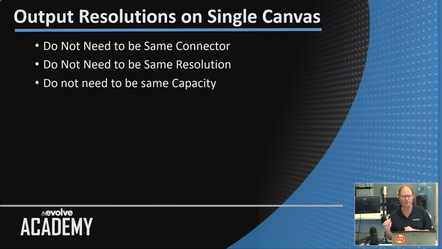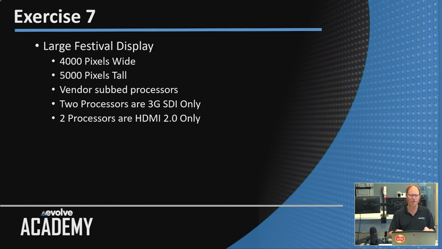Now, whether or not it's going to work on the LED side is a question. So here's what we're doing. Got a large festival display. It's 4,000 pixels wide and 5,000 pixels tall. And your LED vendor subbed the processors. You were going to get 3 exactly identical processors, and they sent 4, 2 of Model A and 2 of Model B. So 2 of the processors are 3G SDI only, and 2 of the processors are 4K with only HDMI connectors.